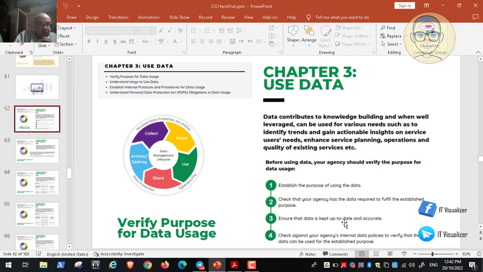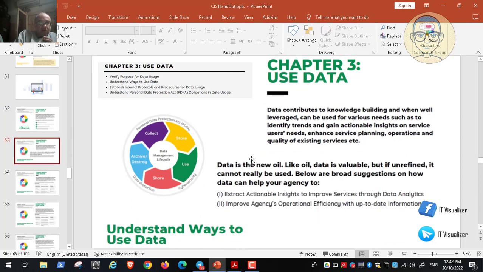Ensure data is kept accurate. Ensure that using this data is in line with your internal data usage policy. For example, the finance team should only use financial data, and the IT team should only use IT data. So this is the first thing: verify purpose for data usage.